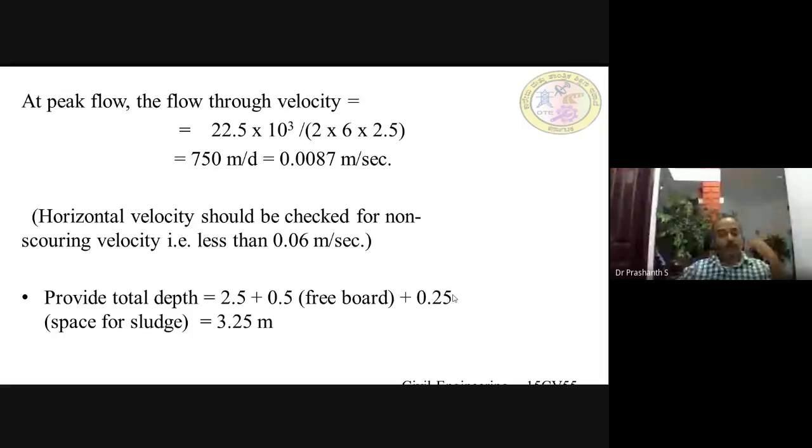So what is the peak flow velocity I'm going to get through this tank if I design? It is 22.5 into 10 to the power 3 divided by 2 into 6 into 2.5. And so it is 750 meter per day, that is equal to 0.0087 meter per second. So horizontal velocity should be checked for non-scouring velocity, that is less than 0.06 meter per second. So what is the total depth? Total depth is 2.5 meter plus 0.5 plus 0.25. So that is 3.25.